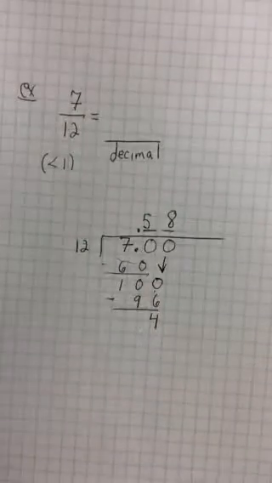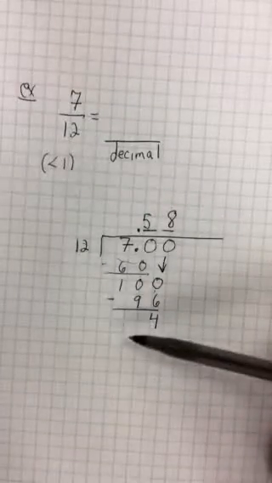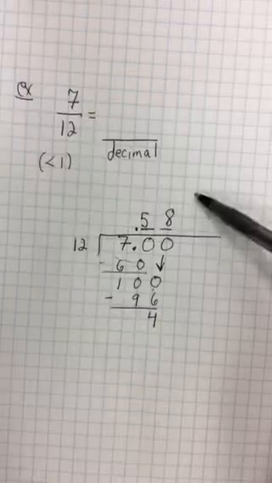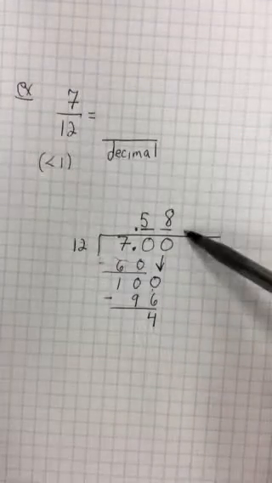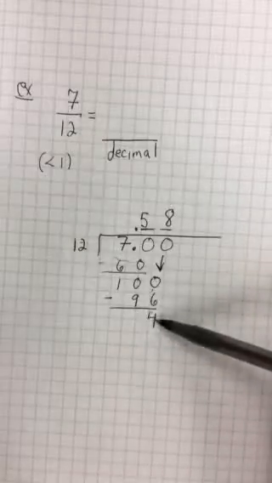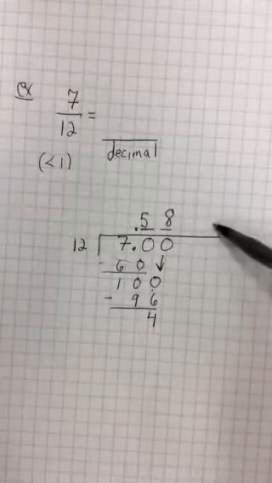Now, this is interesting. If I wrote a fraction here, it would say 58 and 4/12 hundredths. And 4/12 is 1/3.